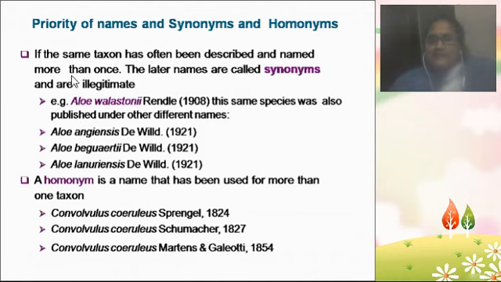In the synonyms case, different names are used for the same taxon. In the second case, the same name is used for different taxa, that is, for kingdom, class, genus, order, species. Suppose you use the same name X for the kingdom, X for the class, X for the order, X for the genus, X for the family, X for the species. Those are called homonyms. So different taxa with the same name is the second case. The first case is the same taxon with different names, which is synonyms. In the second case it is different taxa with the same name. That is known as the homonym. For example, Convolvulus ceruleus and so on.